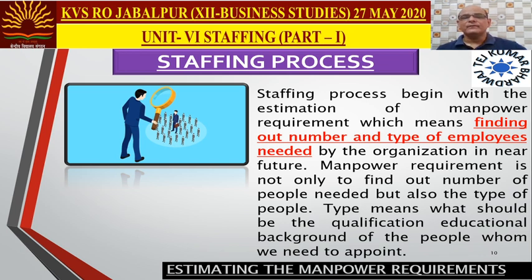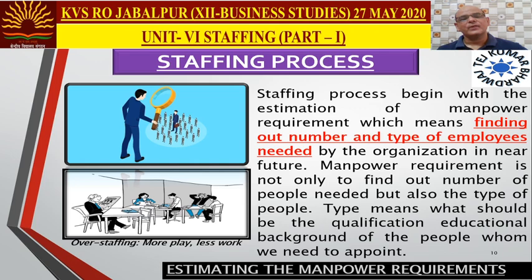Type means we should know the exact qualification requirements, what kind of specialization is needed for the people to be recruited or selected. And we have to take care of the appropriate number also, because if we do not have the appropriate number, we are having a shortage of staff. That will be harmful for the organization, because we will not be able to achieve our organizational goals and targets.